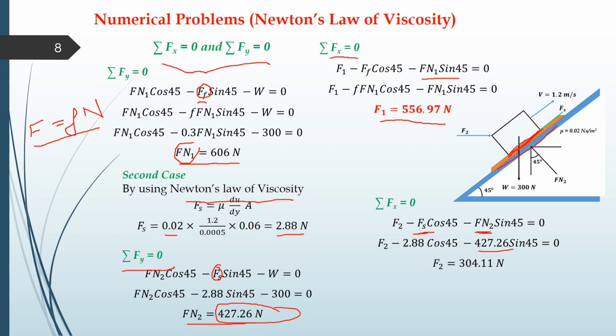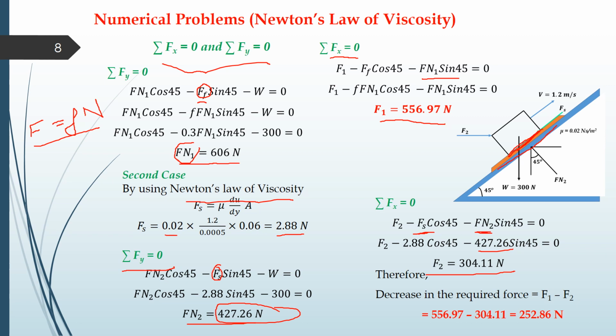After that we get F2, the force required to move the box in the second case with a velocity of 1.2 meters per second in the upward direction, on a plane inclined at 45 degrees.